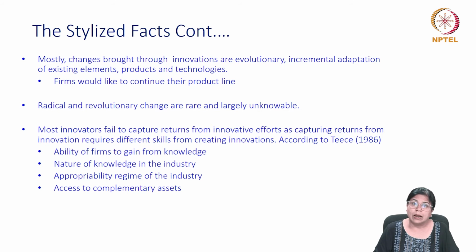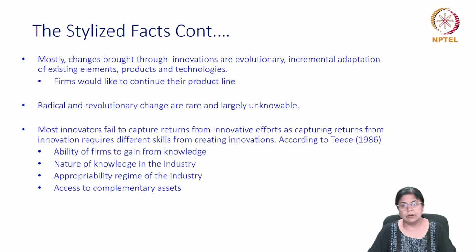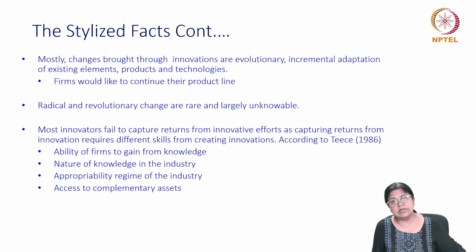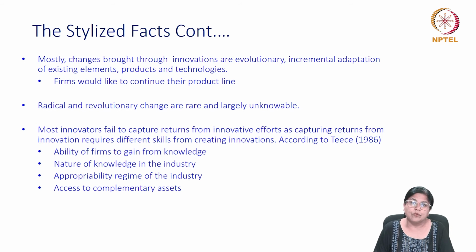Then one has to align this information about its own ability and the nature of the knowledge with the appropriability regime of the industry in that case. Like I said, if imitation is much easier in that particular industry as compared to innovation, one may have to now go for patenting.